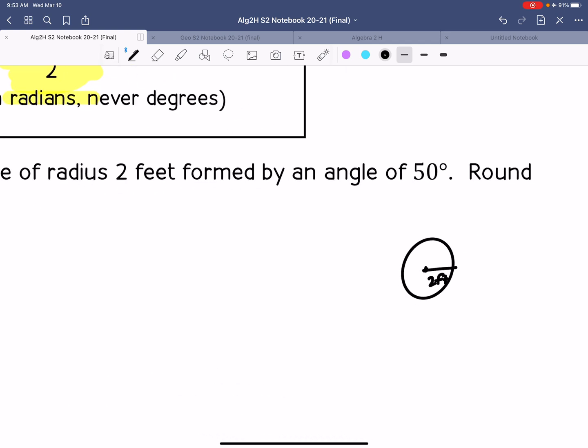Guess I could have drawn my circle a little bigger. And the angle formed is 50, so this is 50 degrees. Let me draw this bigger because this is really tiny. All right, let's try this again.